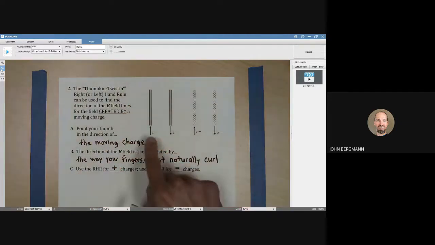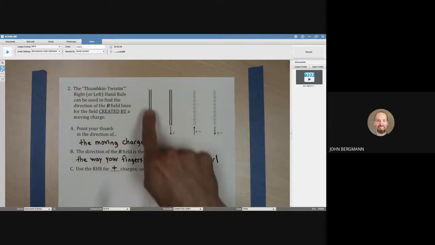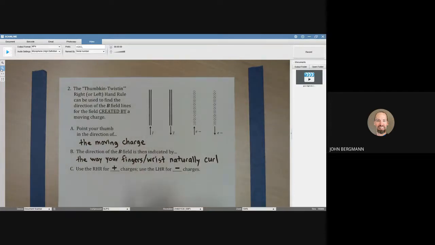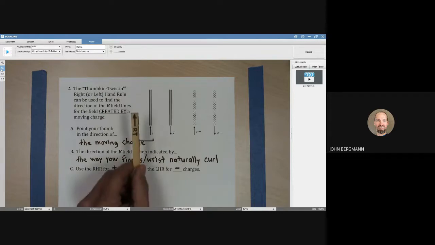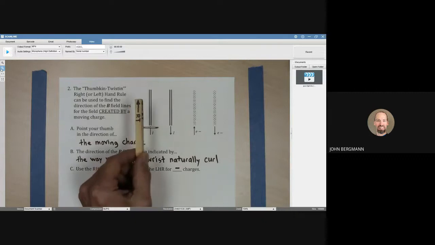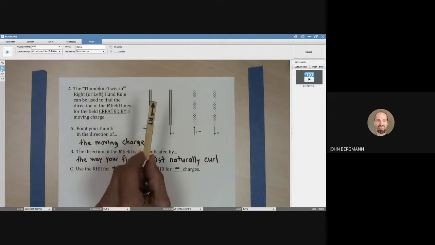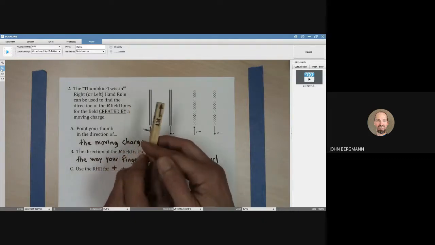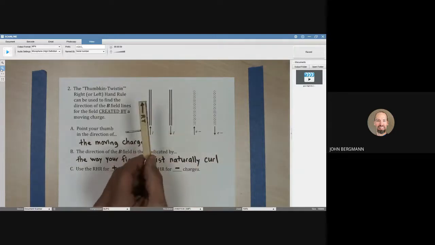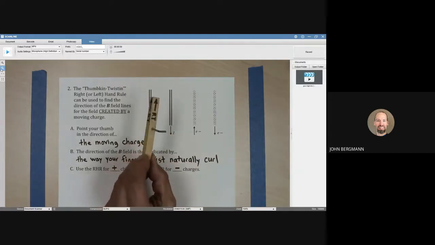If we look at this picture right here, we can see that we have positive charge moving in that direction. And so we put our right thumb in the direction that that charge is moving, and then whatever way our fingers curl, that's how the magnetic field is going.